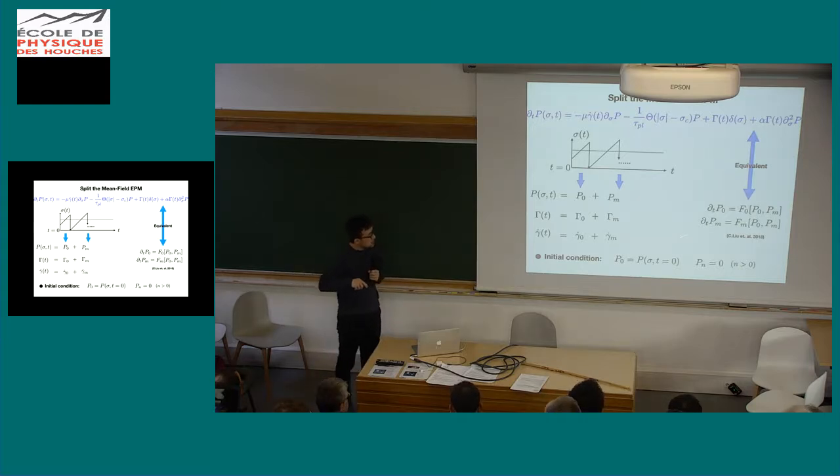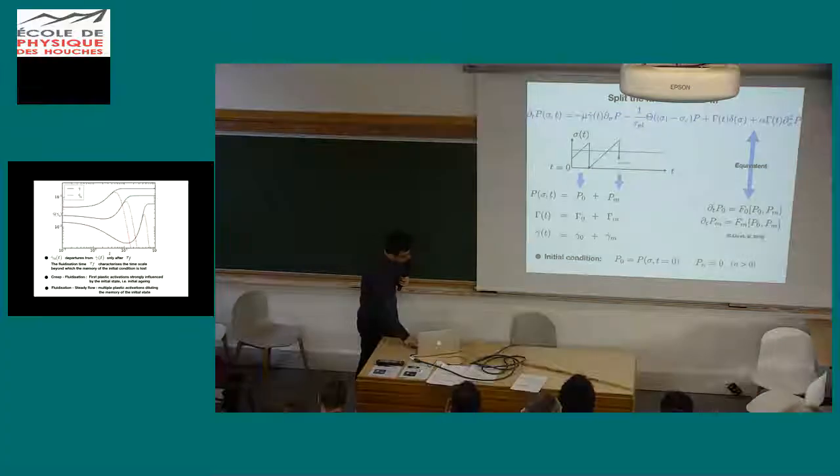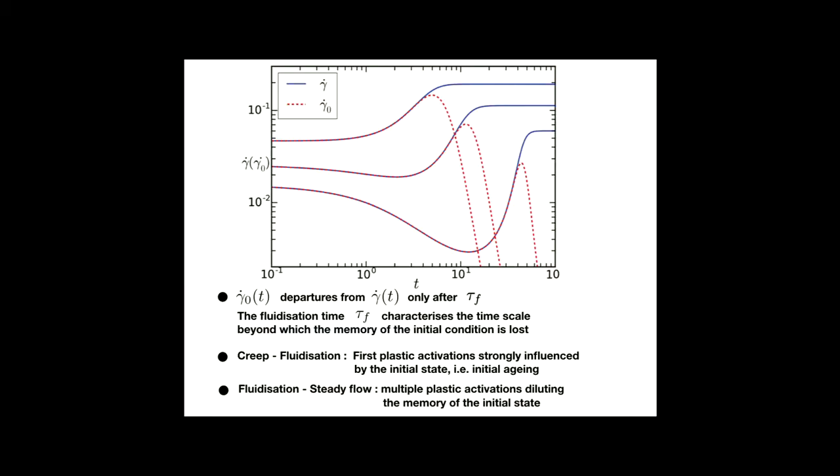And we can solve that, so we can extract the contribution to the full shear rate from the sites that undergo their first plastic events, the influence of the initial condition. So then we compare the gamma dot 0 and the gamma dot together.